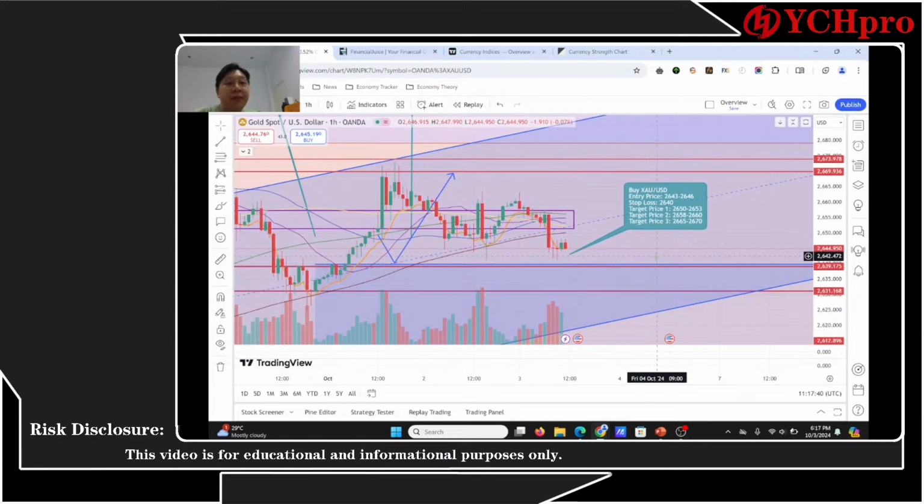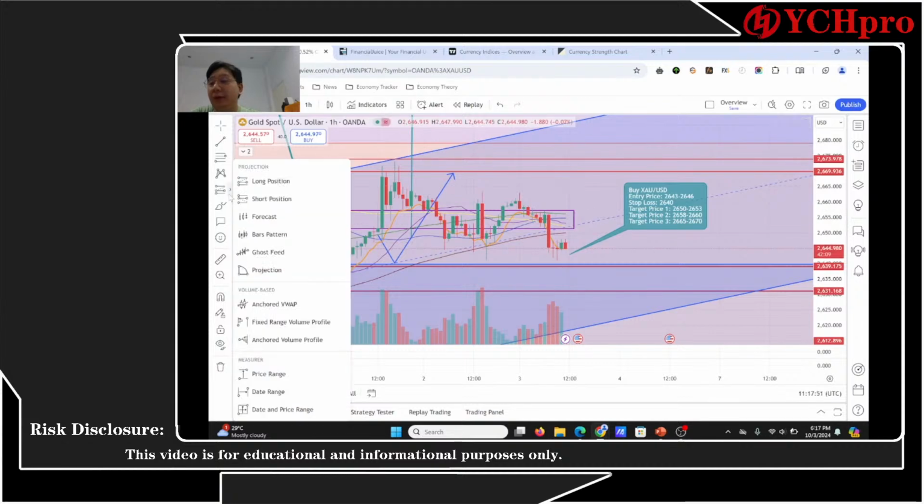So it seems that the market has been moving kind of slow, but no worries, because we have been able to get a good position entry, as you guys could see right now.